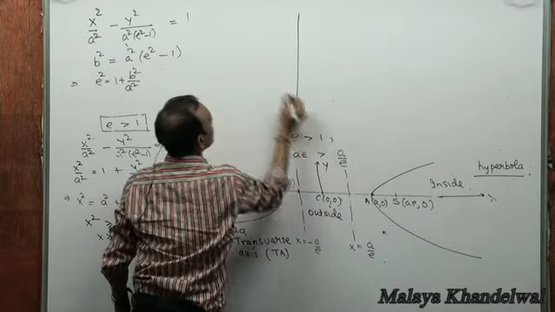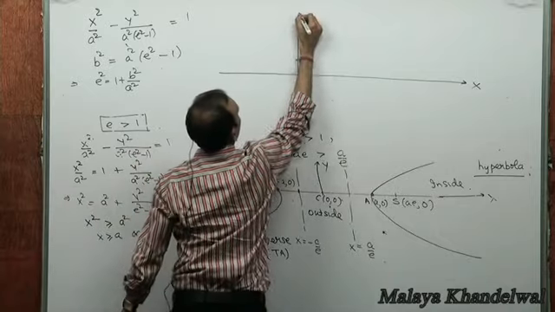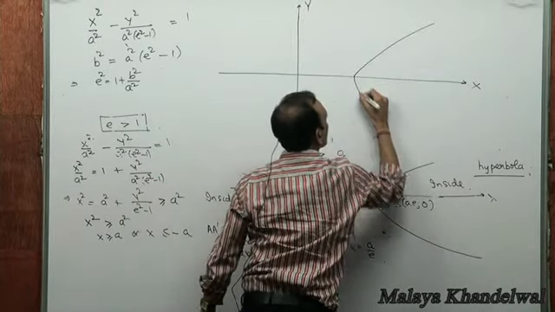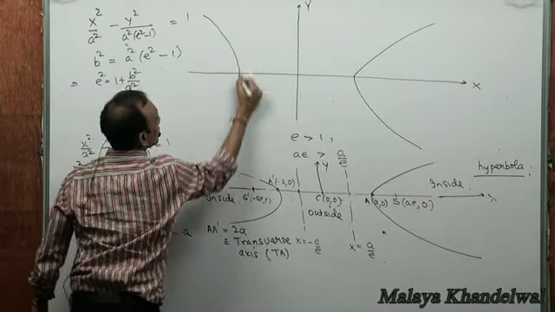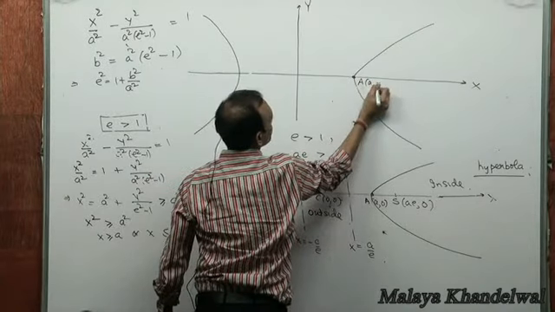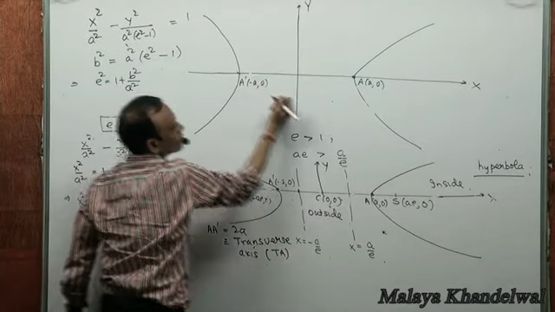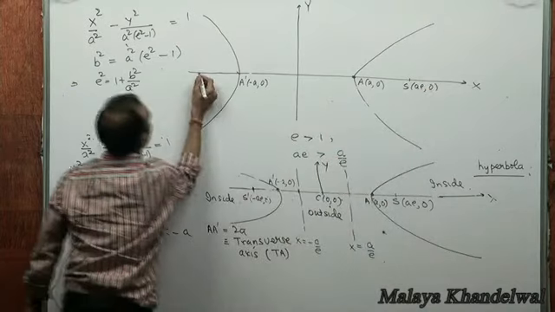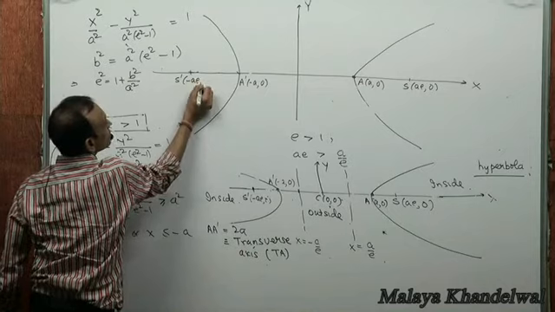So my hyperbola looks like this. This is my hyperbola, with vertices a, 0 and a prime, minus a, 0, one focus S at ae, 0, and another focus S prime at minus ae, 0.